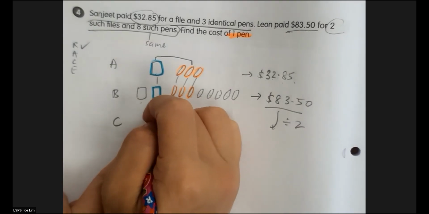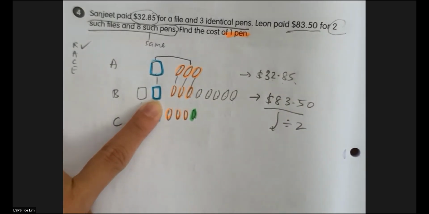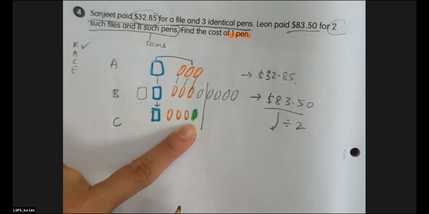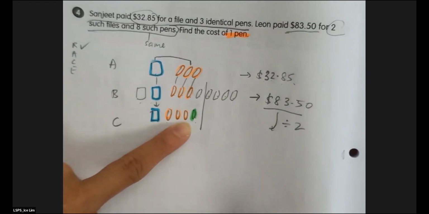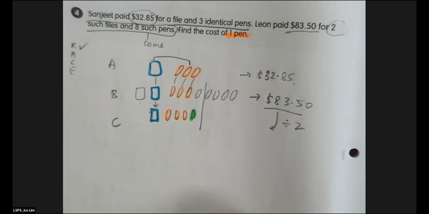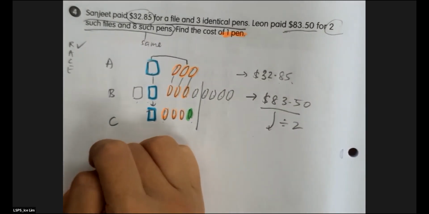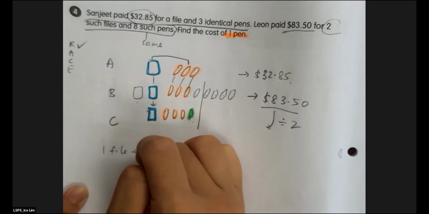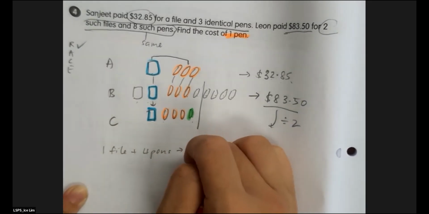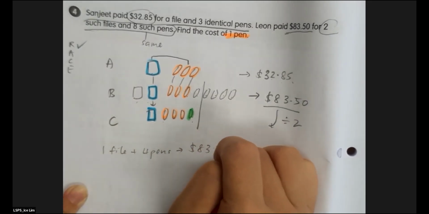Can you see what I'm left with when I divide by 2? I get 1 pound and divide by 2, I get 4 pence. Can you see that? So what will be this amount? $83.50 divided by 2.